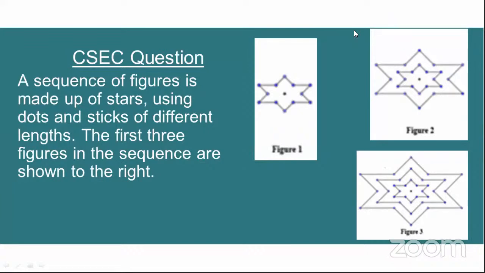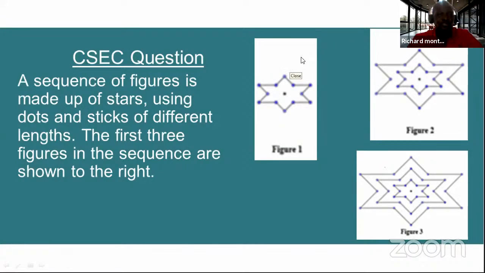So I'm seeing from Sterling here, figure 1, 12, figure 2, 24, figure 3, 36. Are we referring to the number of dots or the number of sticks? Be quite specific, my little detective. So be very careful as we're using our observation skills now.